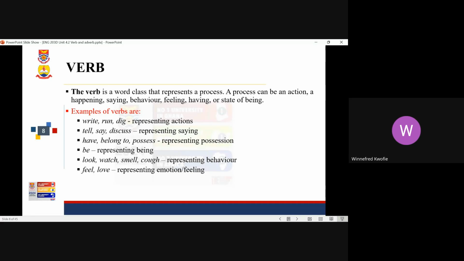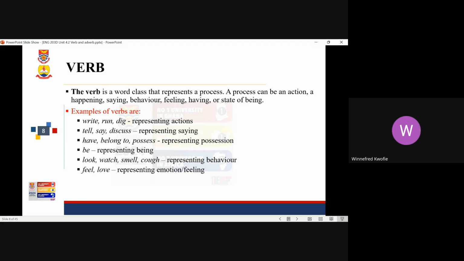So for verbs representing action, like I said, when you talk of a verb as representing a process, the process can refer to actions such as write, run, dig. It can refer to a saying such as say, discuss, tell. It can refer to a possession, possess, belong to.